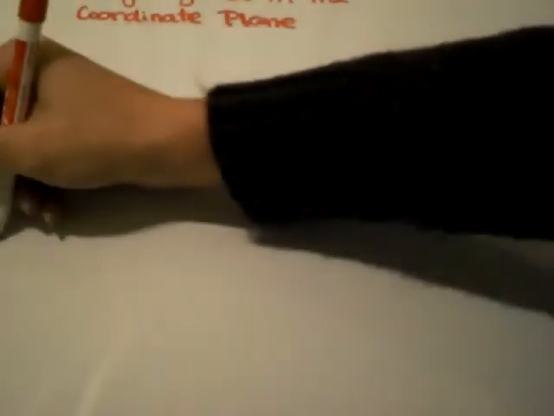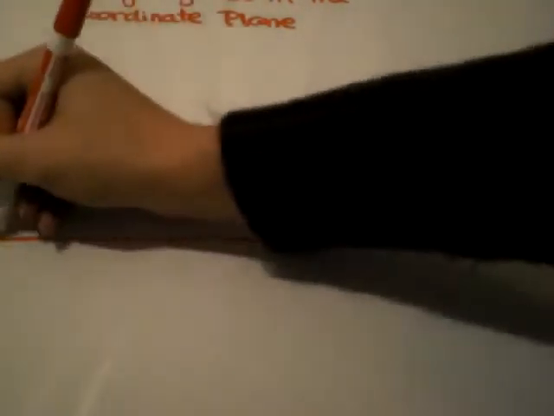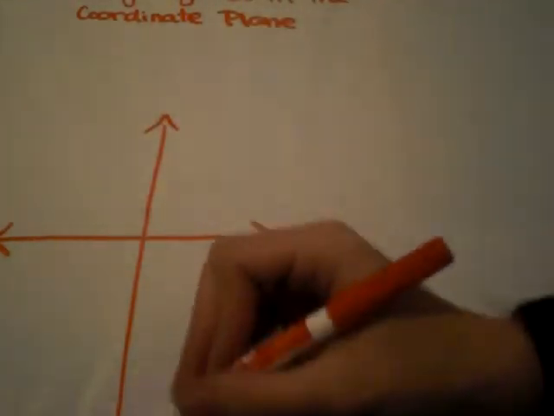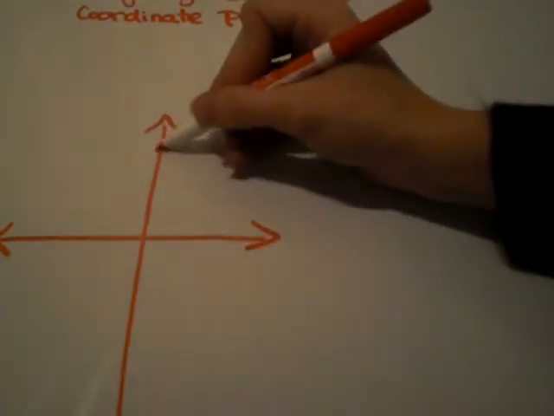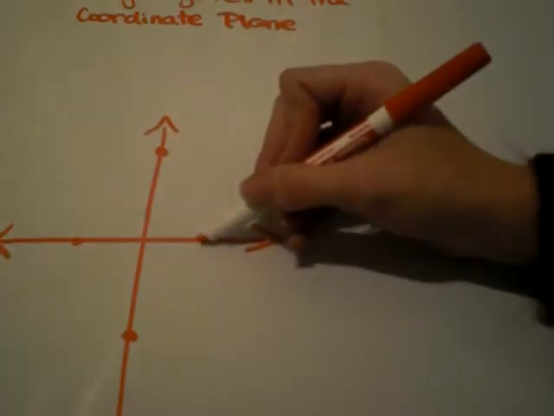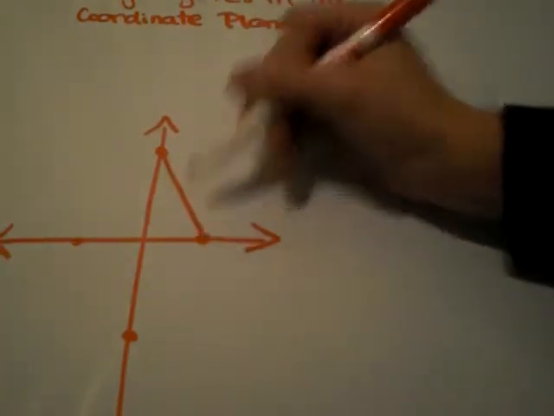Okay, how about a nice rhombus in a different orientation? Let's look at a rhombus that's drawn vertically. So we have some points here and some points here, and this is a nice rhombus.